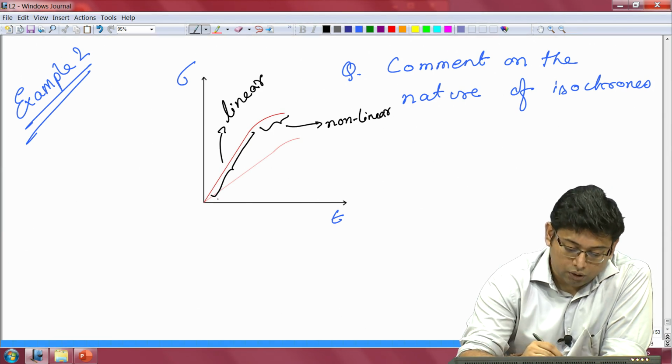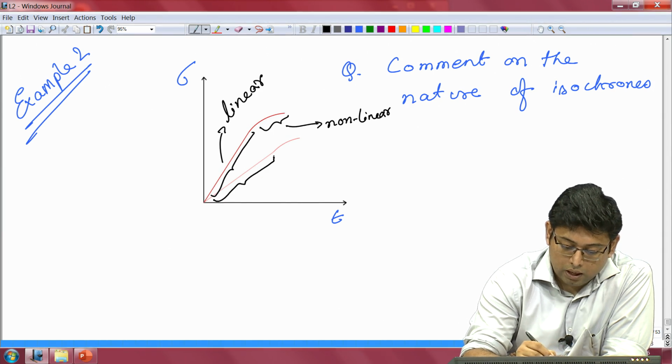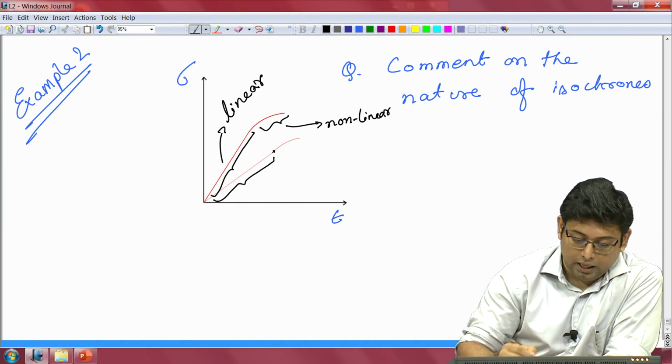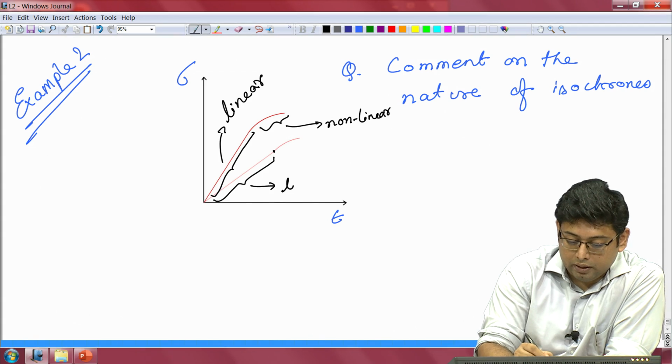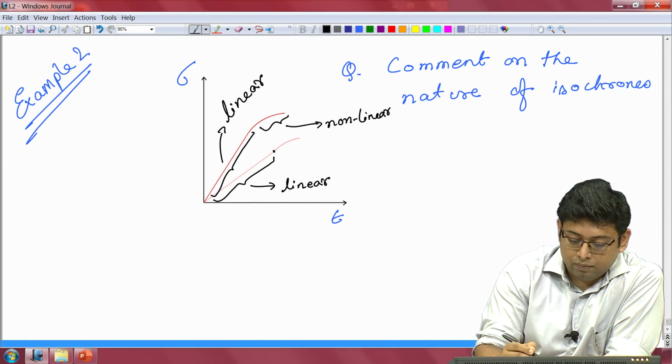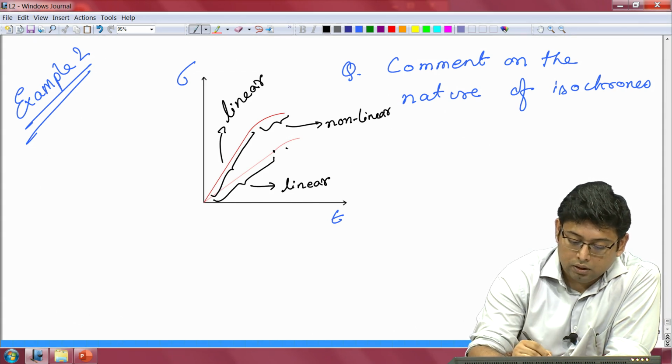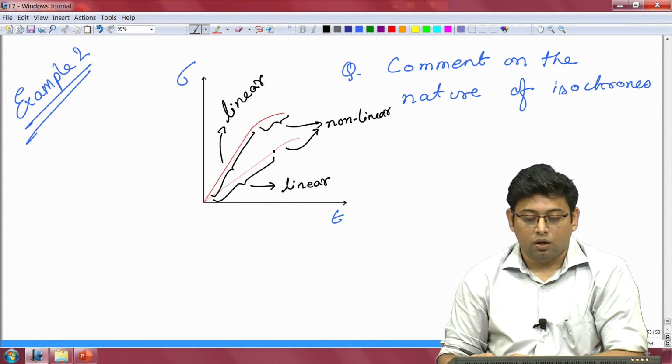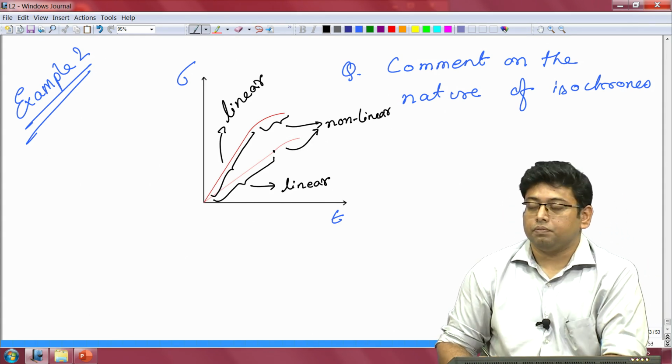Similarly, for the other isochrone, this part till here approximately looks as if it is linear, and then this other part seems as if it is non-linear.